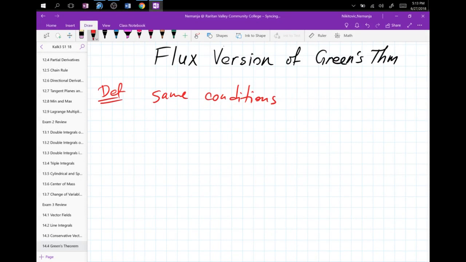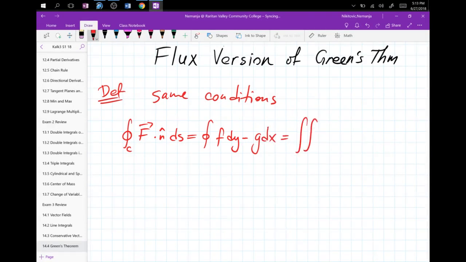The formula says that for the closed curve C, the integral of F dot n ds, this is your standard setup for those, which was given as F dy minus G dx, is now going to be, again, the double integral over region R of df/dx plus dg/dy dA.